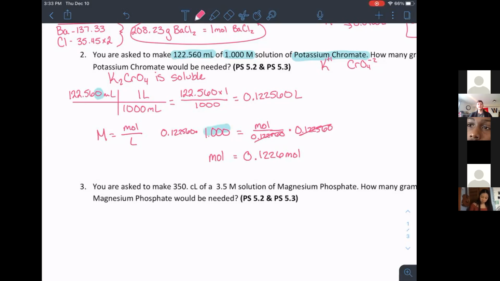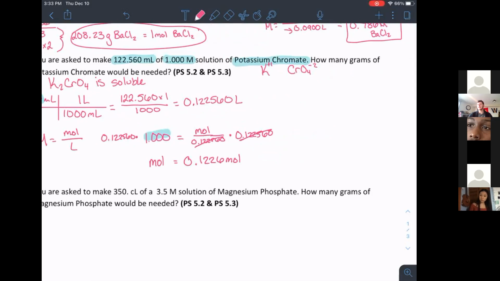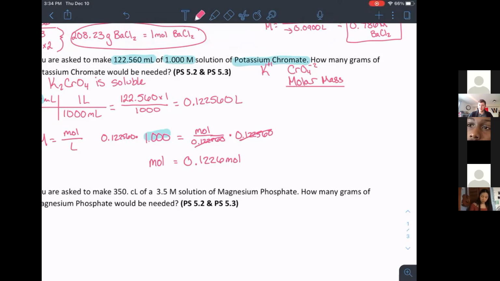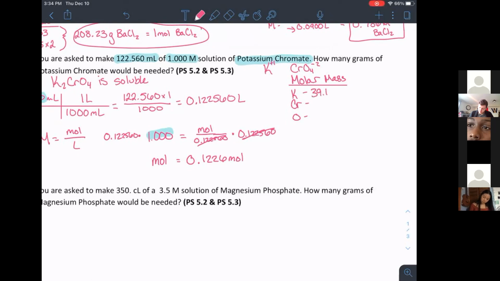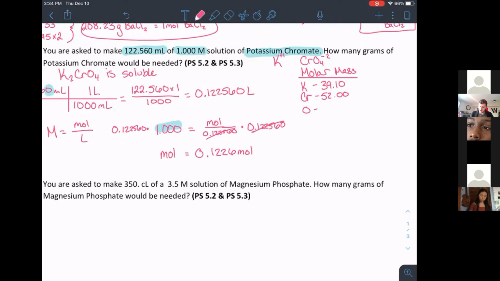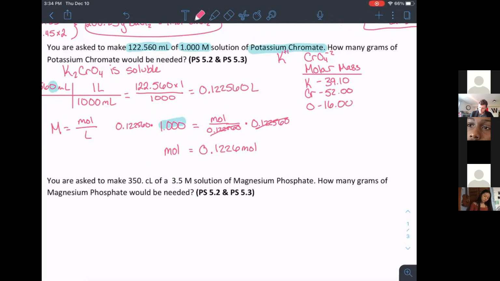Now that we have our moles, we can now get to grams by using the molar mass. So we first have to find that molar mass. And if we are looking for our molar mass, we need to look for our molar mass of potassium, chromium, and oxygen. We can find the molar mass of potassium to be 39.10. We can find the molar mass of chromium to be 52.00 and oxygen to be 16.